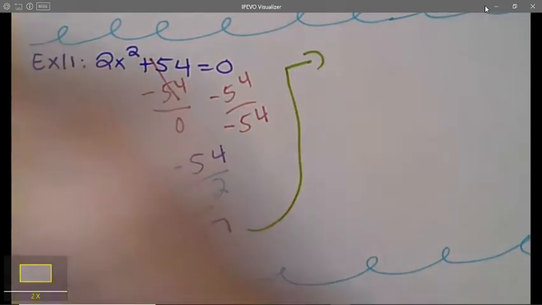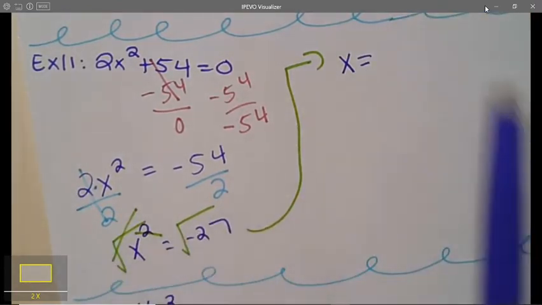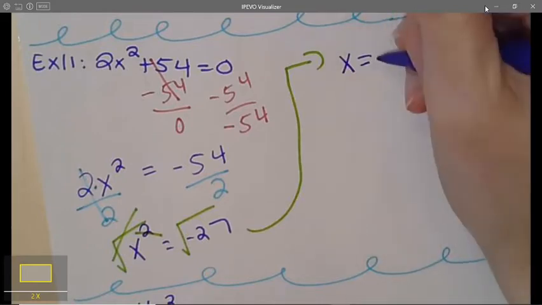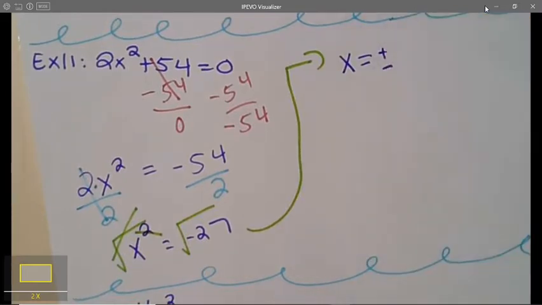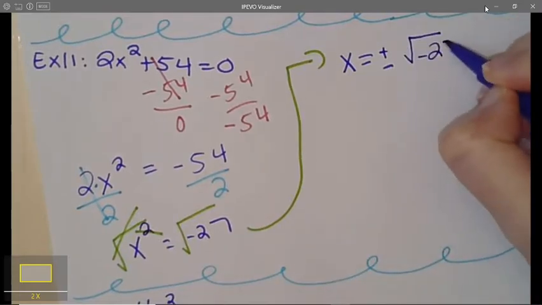So I'm left with x equals, and whenever you square root both sides of an equation, what will always appear in your equation? Absolutely, a plus or minus. So I'm left with plus or minus the square root of negative 27.